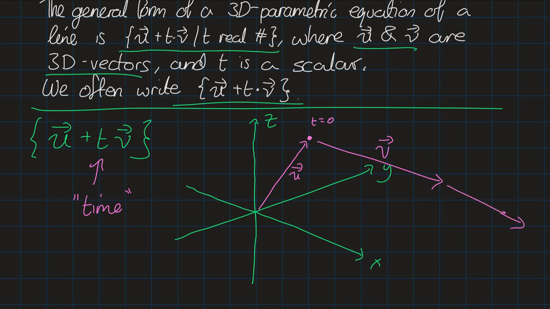After 1 unit of time, the airplane is now going to be here. After 2 units of time, I didn't draw a very good arrow, so I'll draw it again. This is time t equals 1, this is maybe time t equals 2, and you can even go backwards in time. So at time t equals minus 1, where was the airplane?